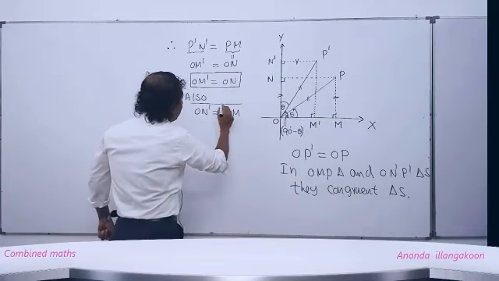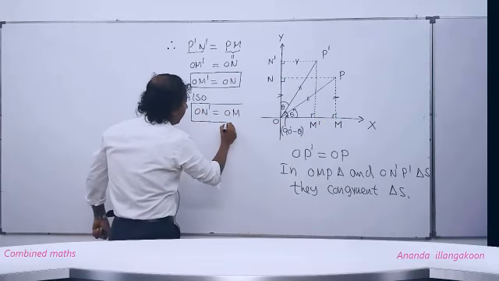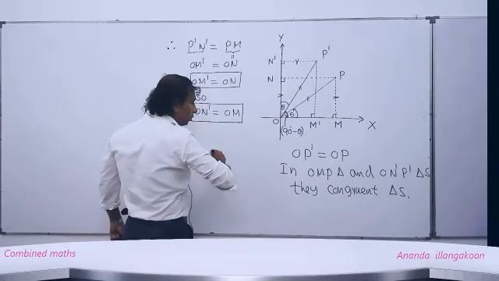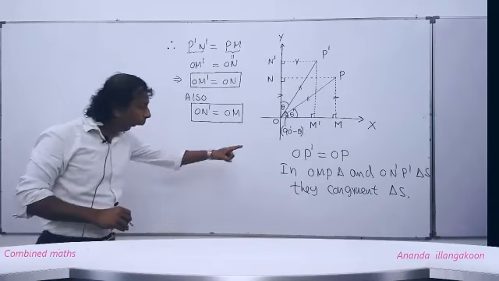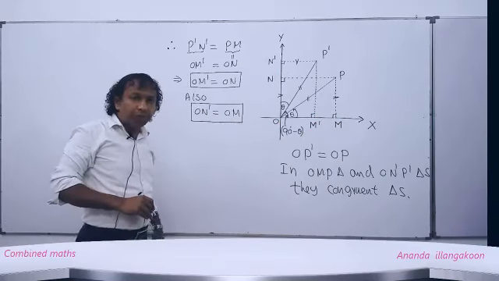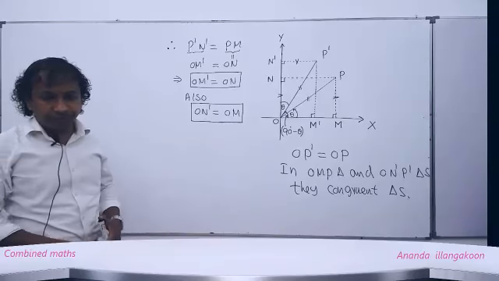Congruent triangles have corresponding sides and corresponding angles equal, right? And obviously, we know the same line OP rotating to the two positions must be equal in length. Understood? Right.